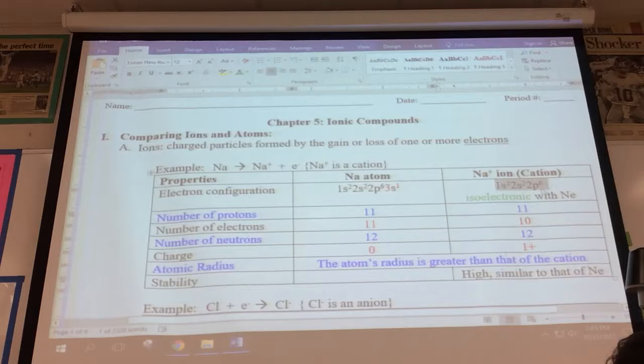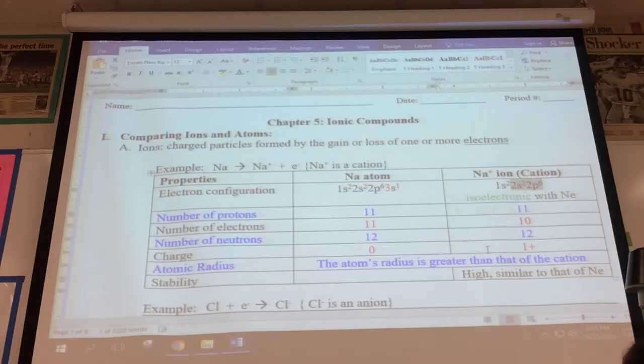And stability-wise, the ion will be much more stable, and it'll be similar in stability to the noble gas with which it's isoelectronic. So how many electrons are in the second shell of the sodium ion? 8. And what you're going to see is something called the octet rule.